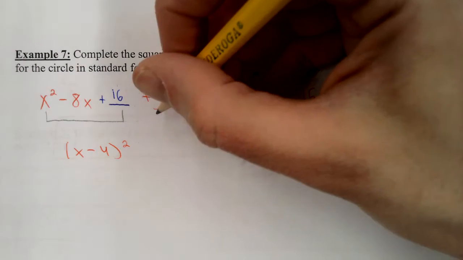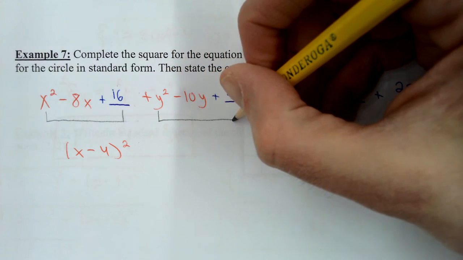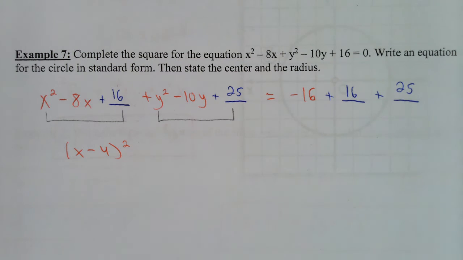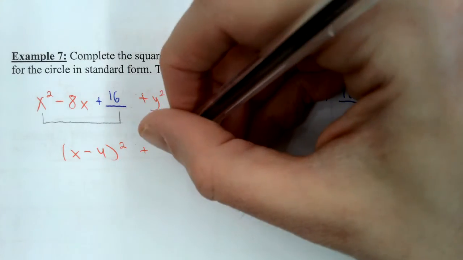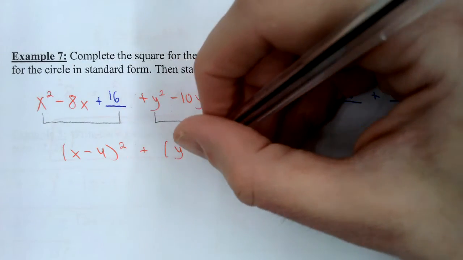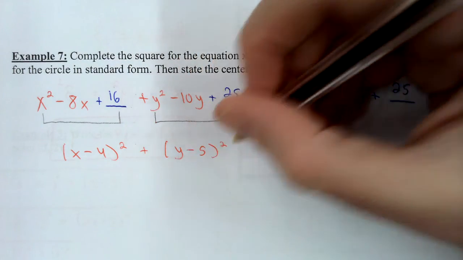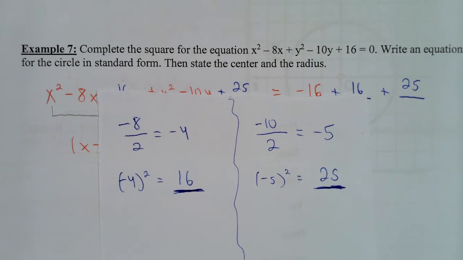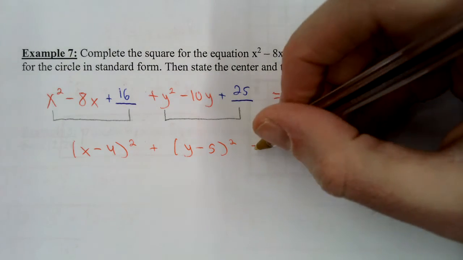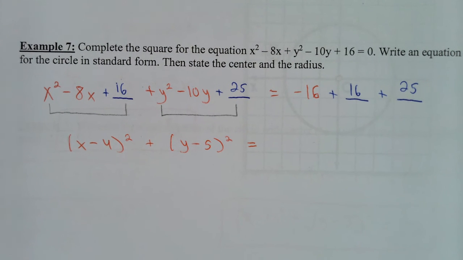Now we're going to factor these three. It should be something squared. It's called completing the square. So what two numbers multiply to 25 and add to negative 10? Negative 5 and negative 5. Again, the shortcut, it's whatever that number is. On the right, add up those three numbers together.